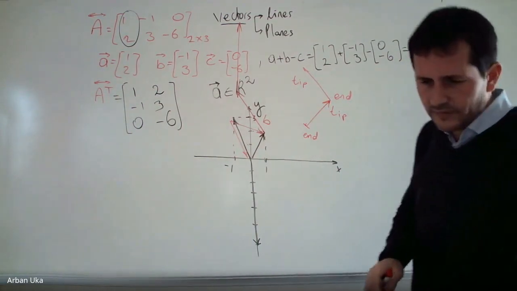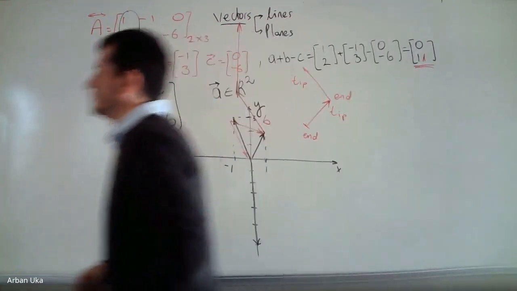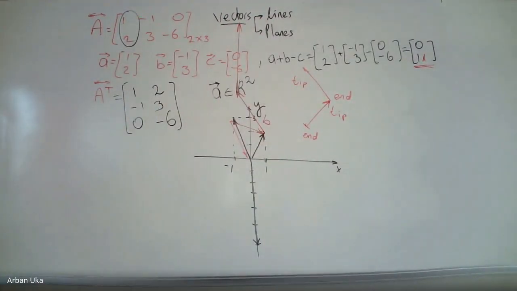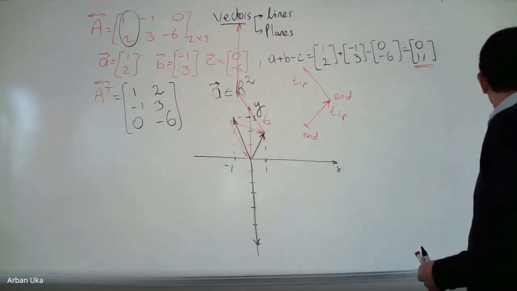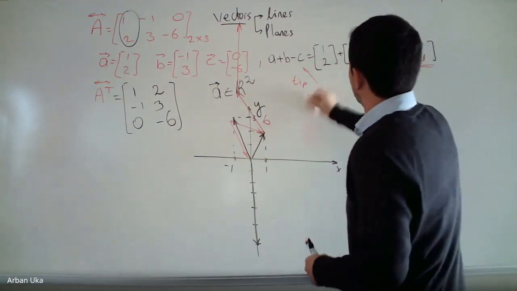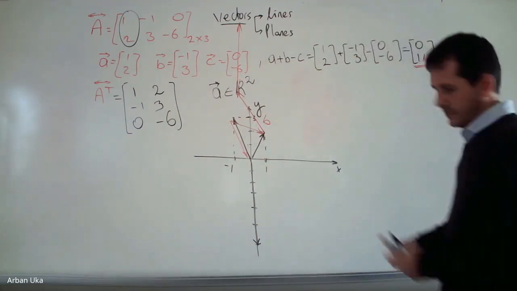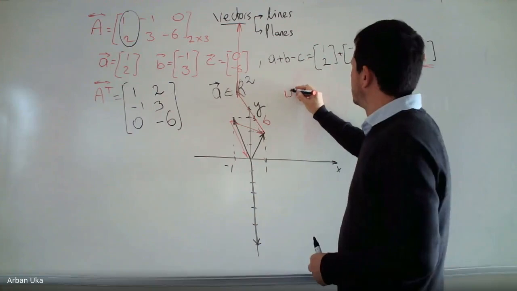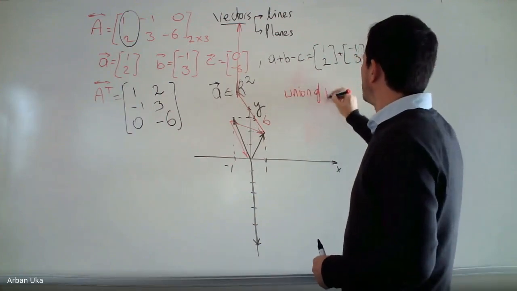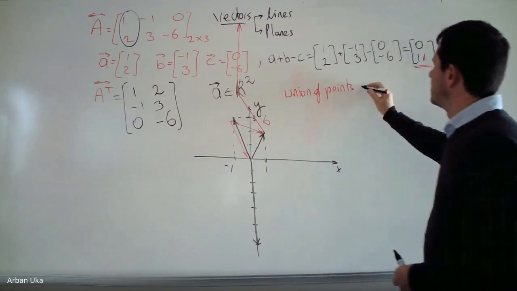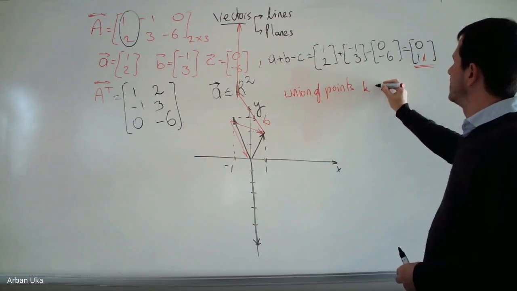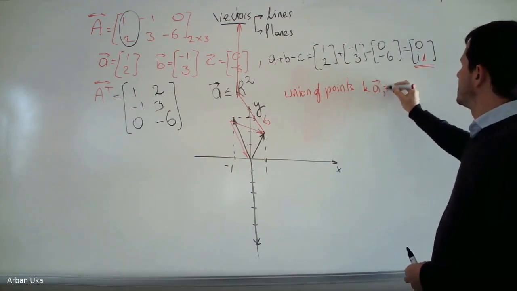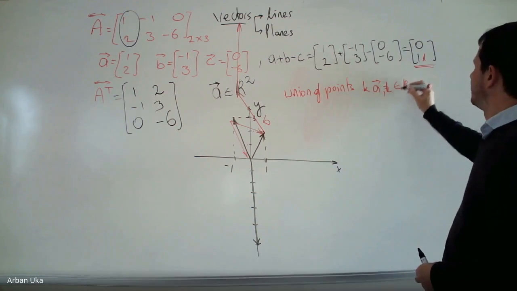What is the union? Let me, I need an eraser. So, what is the union of points which can be expressed as any constant k times A, such that k is a real number?